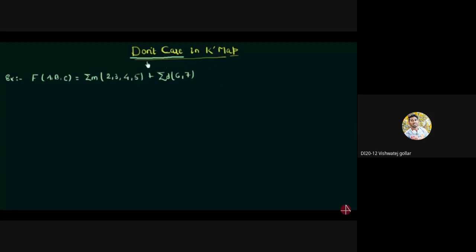But before moving to this example, let me explain a little bit about this don't care. Don't care is a state which does not matter in a certain operation. For example, if you are giving a signal to an aircraft for its launch or landing, and only your hands are required.